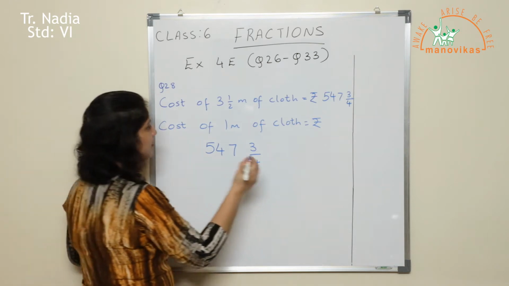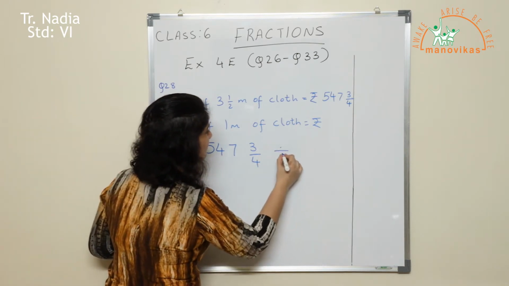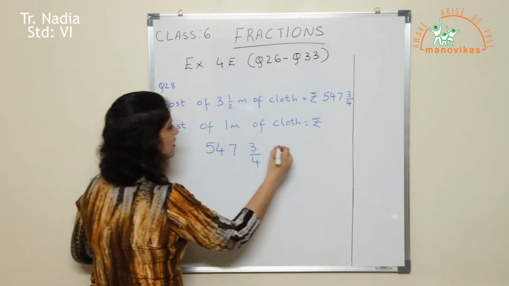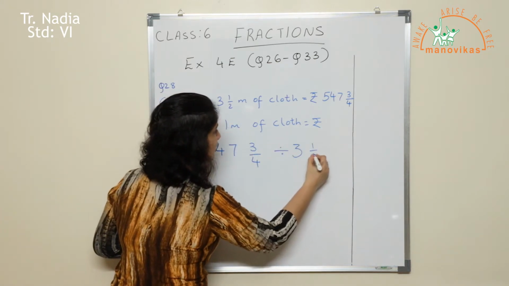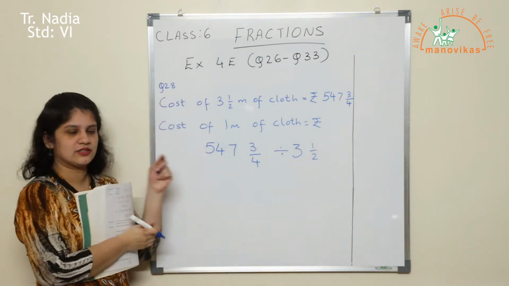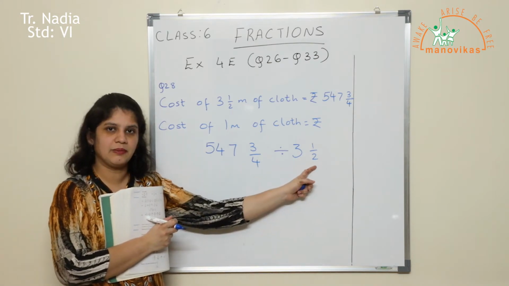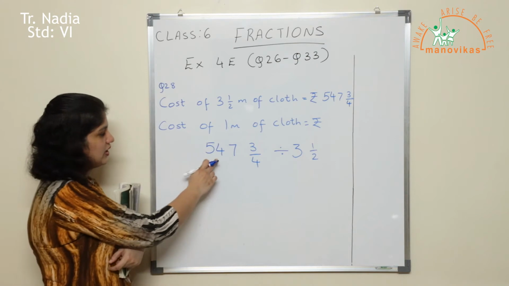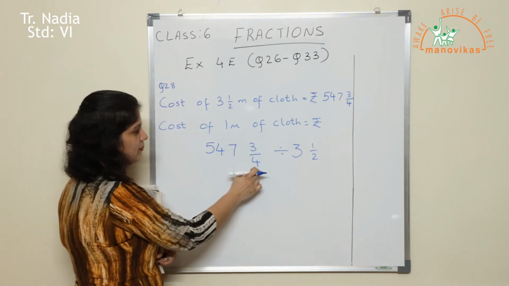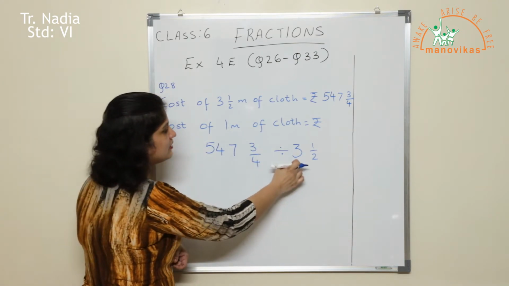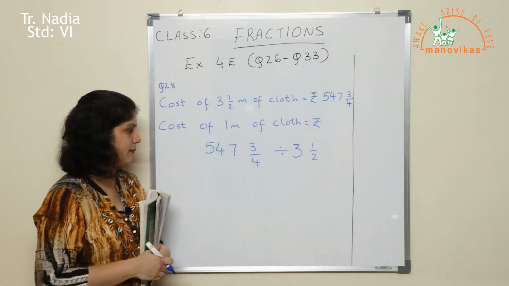So that will come first, divided by the smaller number, that is 3.5. Alright children, remember this. In case of division, big number first, divided by the smaller number. So here 547 3 upon 4 is the big number, 3.5 is the smaller number.